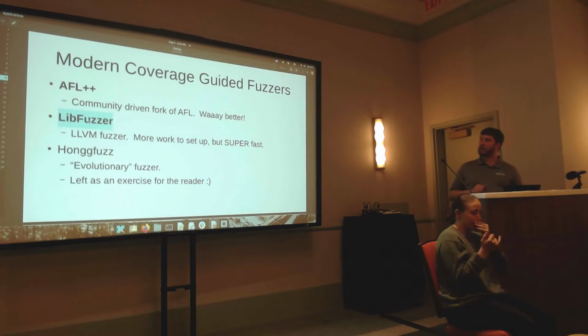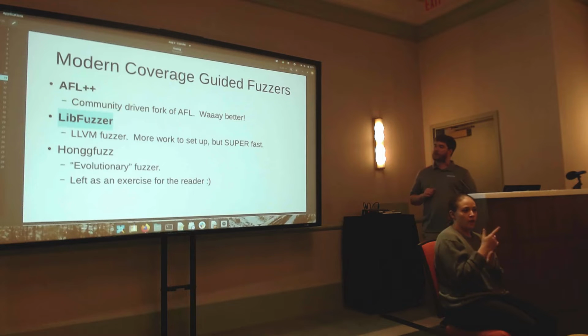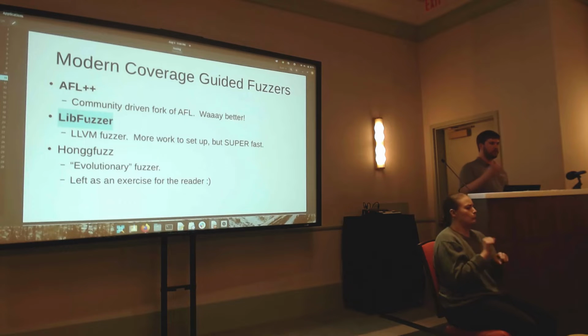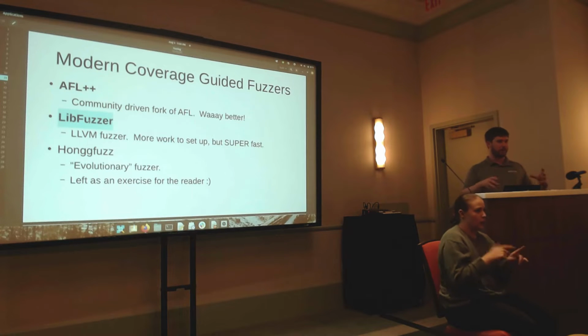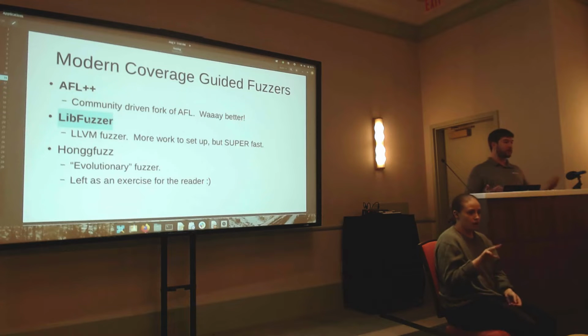There's another one called libfuzzer, which is part of the LLVM project. And I would say libfuzzer is more work to set up. You have to really do some manual intervention with the code that you're trying to fuzz to get it set up, but it's way faster when you do. So if you have the time to invest, libfuzzer is like AFL++, but better.